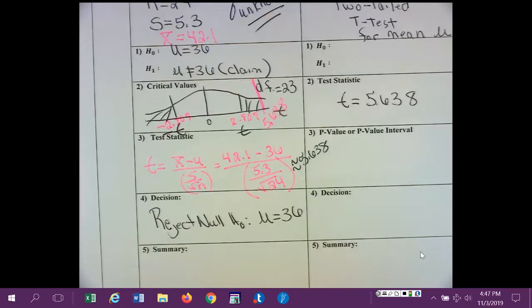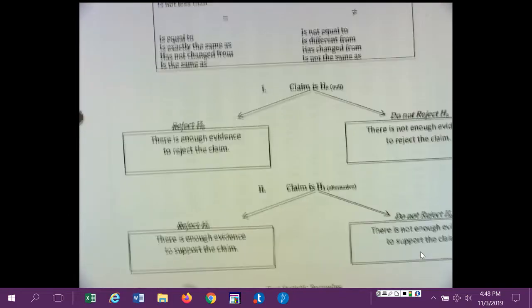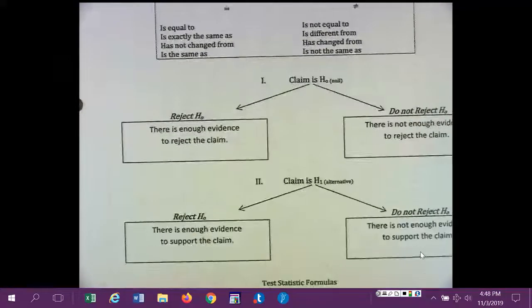Now summary time. Our claim is the alternative, that it differs from 36. And so if you have to still go to the diagram, go to the diagram. You may not have to after a while. Maybe you'll know this by heart.